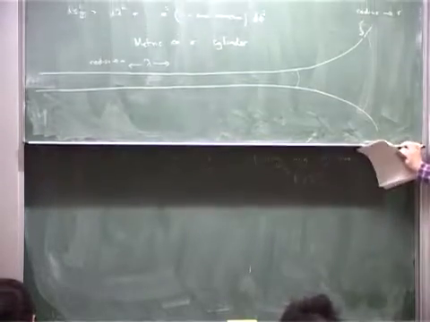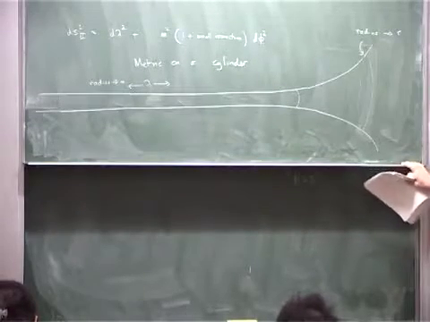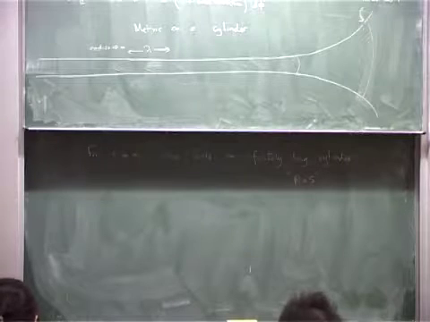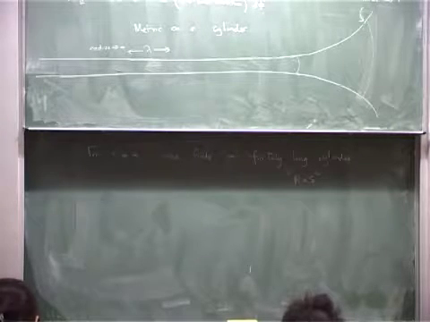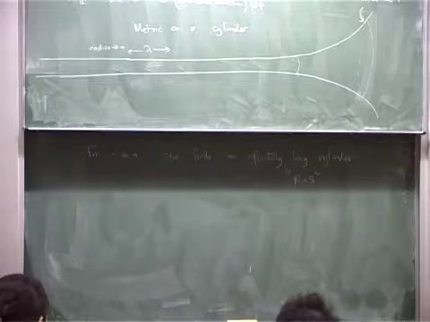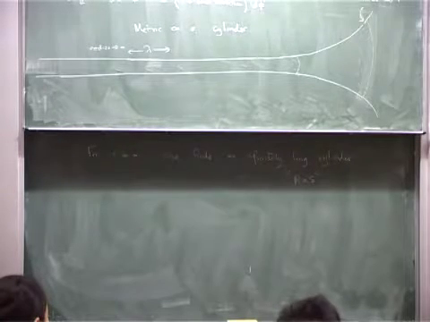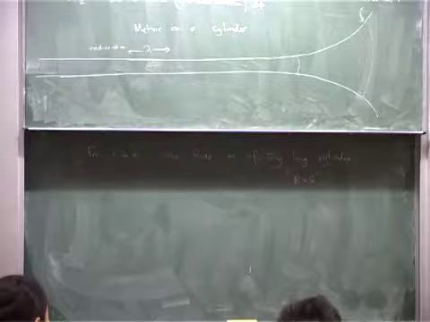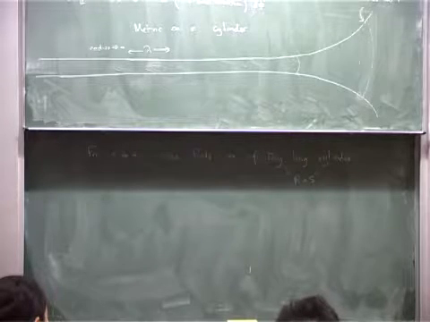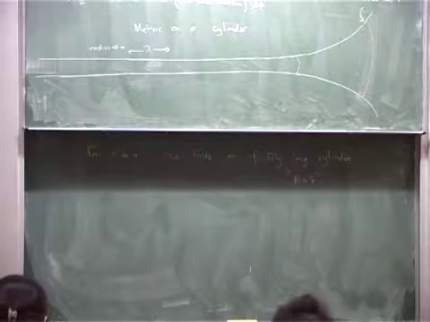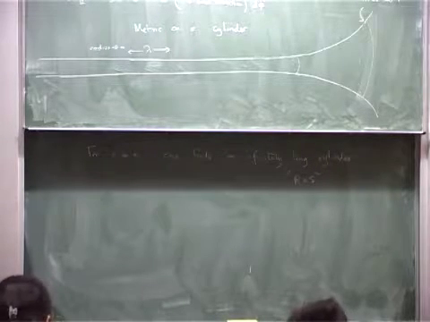Here I drew it as topology having R cross S1 because I can't draw three-dimensional cylinders on a two-dimensional board. So if you go in this direction, you can keep going in a space-like direction at any finite value of t forever. So these points here represent internal infinities.